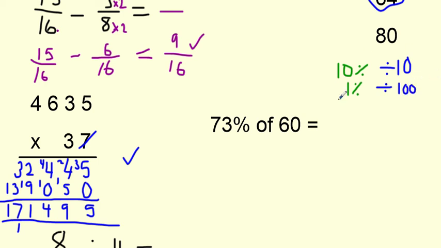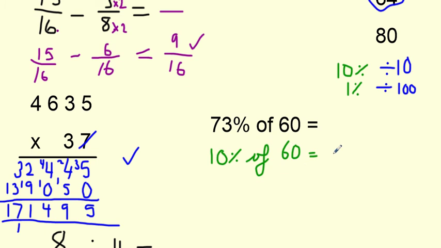Okay, so if I know those things, I can use that to help me find 73%, because I can find 10% first. And to find 10%, what do we have to do? Let's go up to our reminder up here. 10%, we divide by 10.